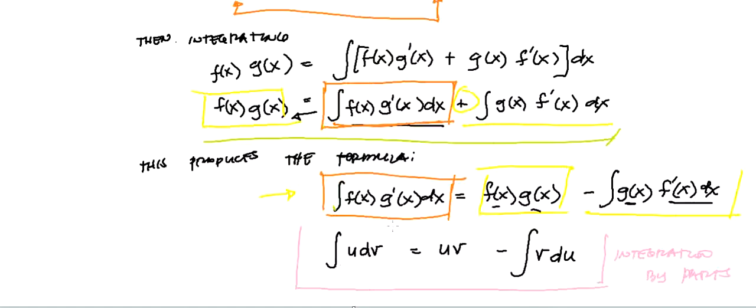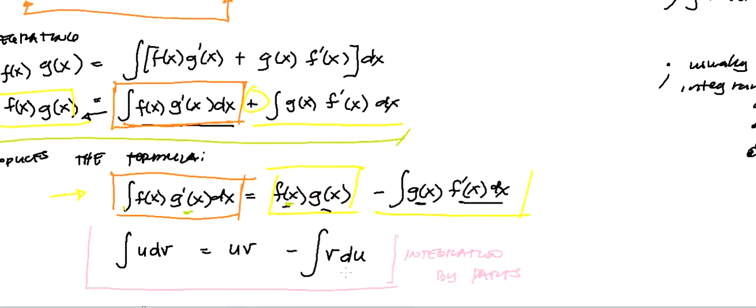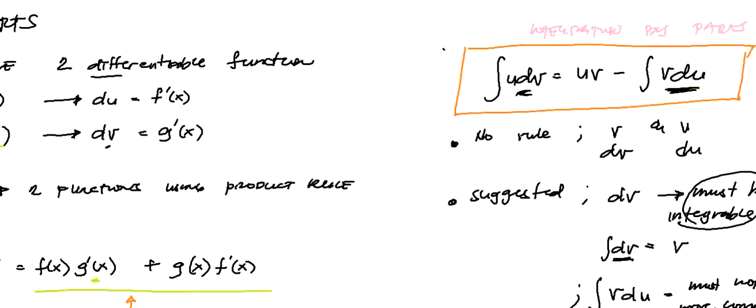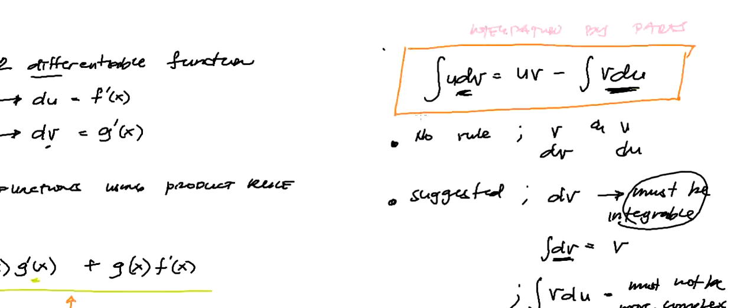So we have u dv equals uv minus the integral of v du, and that is the technique of integration by parts. Okay, because we integrate this part by part.